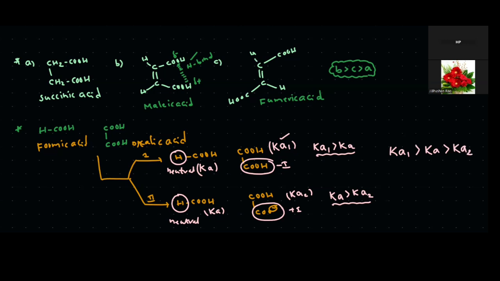So in these three conditions, we can say that oxalic acid is always more acidic than the neutral compound formic acid. After releasing one proton from oxalic acid, that group alone acts as a plus I group only.